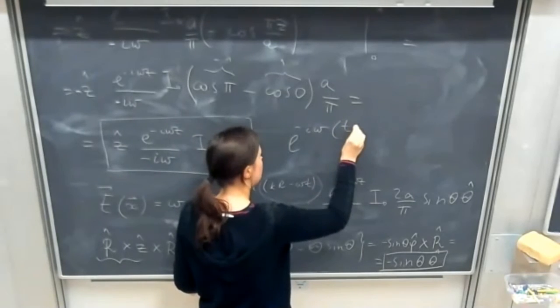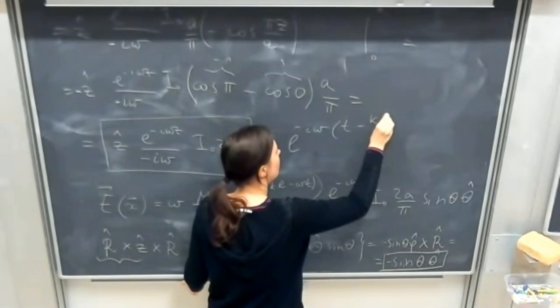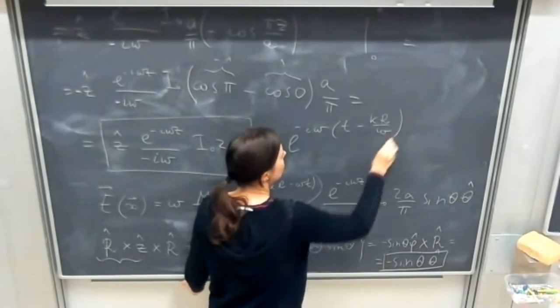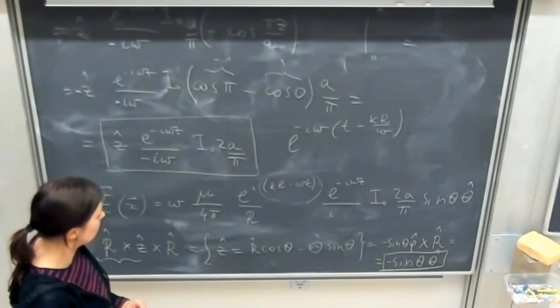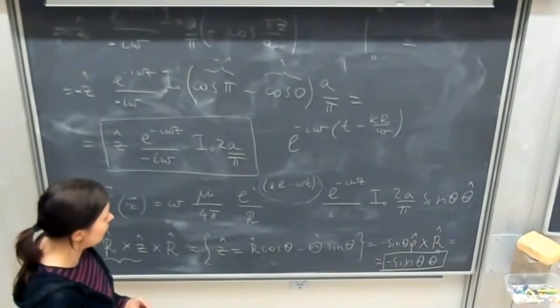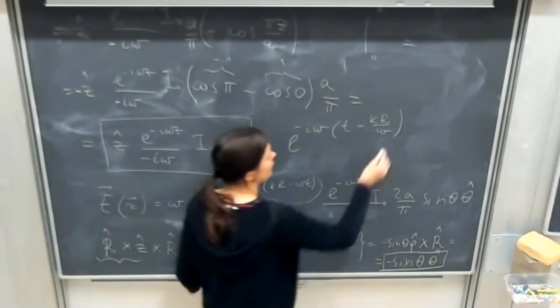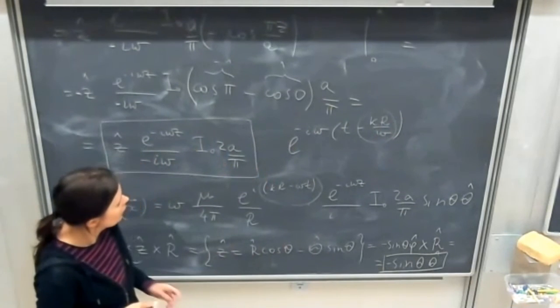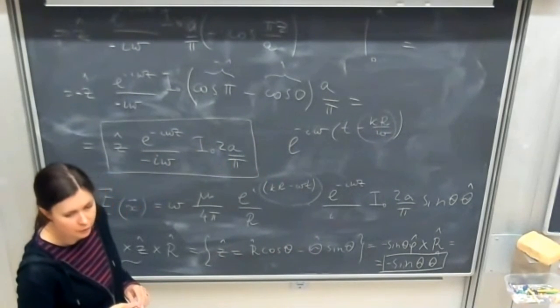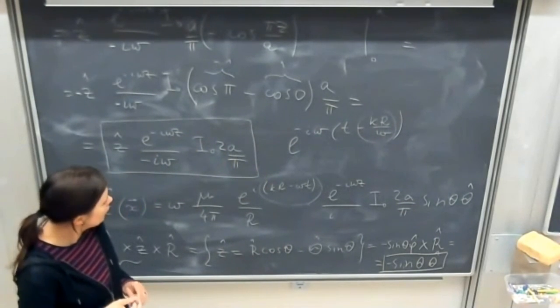We would have here t minus 2r divided by omega, right? And this part is called the retardation time for electric field propagation in space.